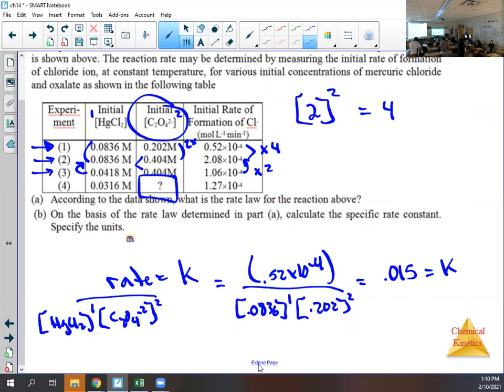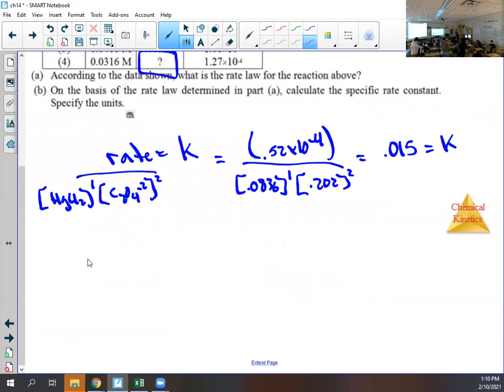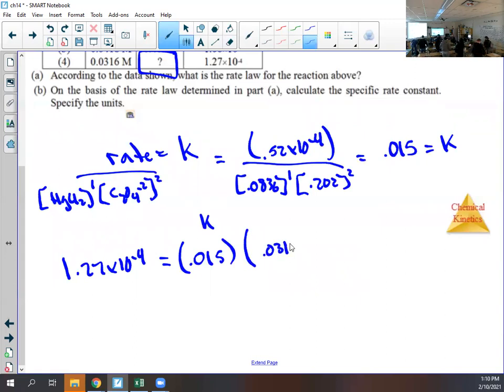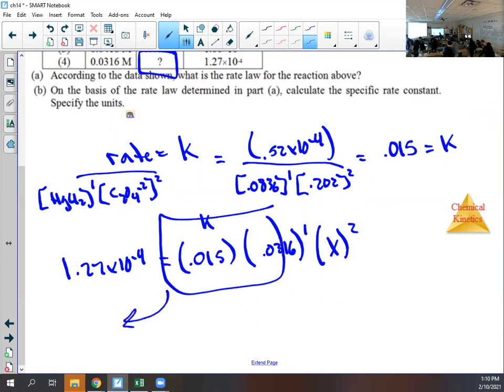You would have 1.27 times 10 to the negative 4 equals 0.015. That's k. And then you would just go times 0.0316 raised to the first times x squared. So you take both these under and find the square root of that answer, and then I could do the computation.